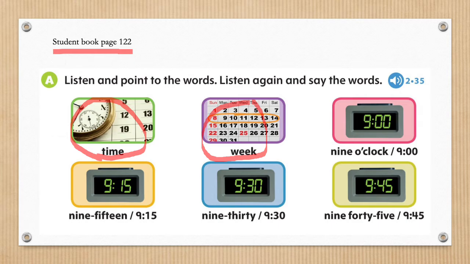Then how to say sometimes. We have 9 o'clock. So that is 9, 0, 0, 9 o'clock. Then we have 9:15. We always start with the hour and then the minute.